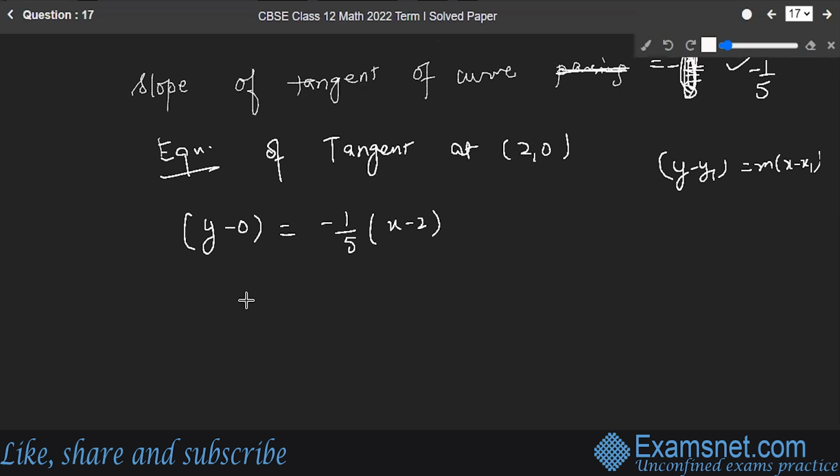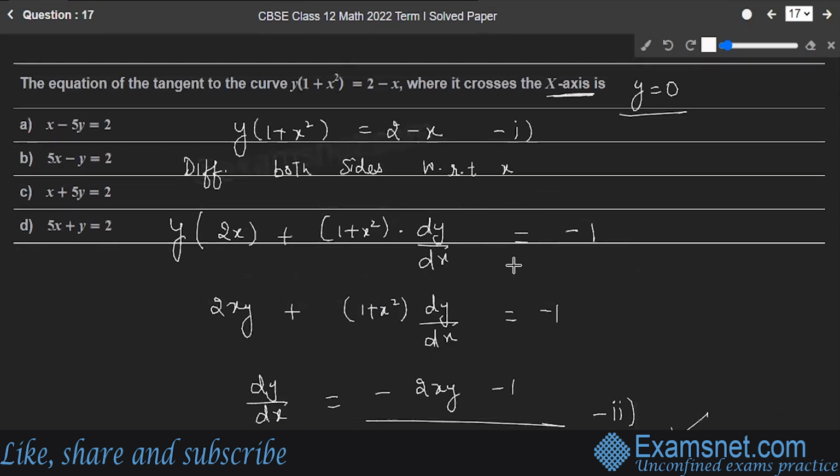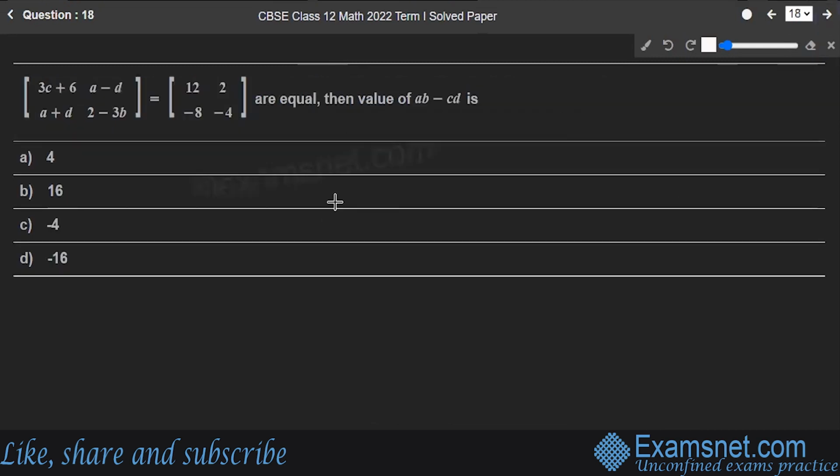That makes y is equal to minus 1 by 5 into x minus 2, or 5y is equal to minus x plus 2, or x plus 5y is equal to 2. This is the required equation. So it was option C. Hope you got that. Next is question number 18.